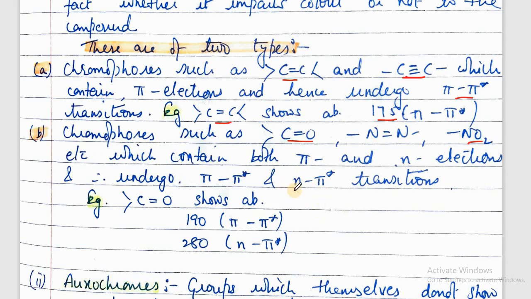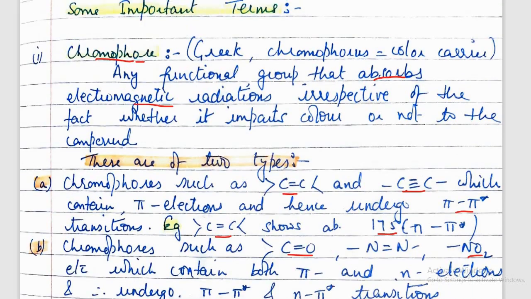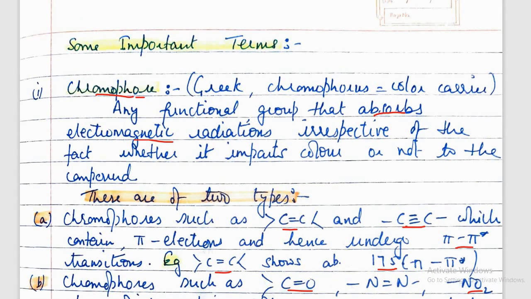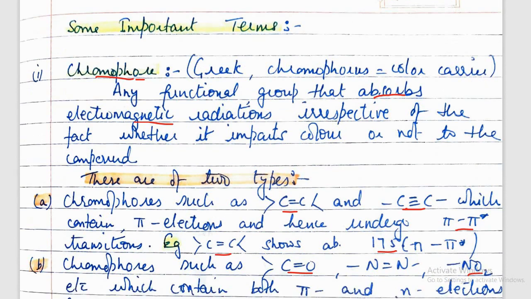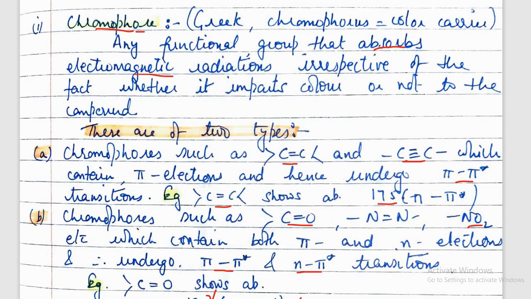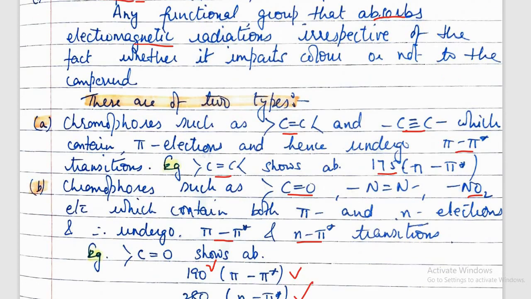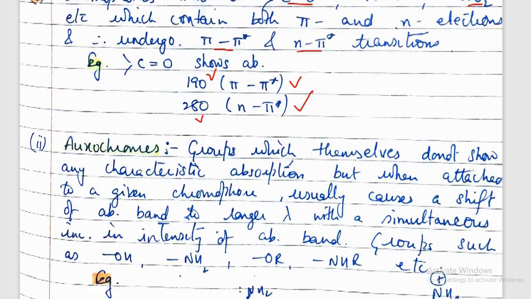So these show n to pi star transitions along with pi to pi star transitions. Both types of transitions are shown. Example, if this group is present, it will show absorption at 190 nanometers due to the pi to pi star transition, and at 280 nanometers due to the n to pi star transition. So chromophores are any functional groups due to which absorption of electromagnetic radiation takes place, and these are of two types.